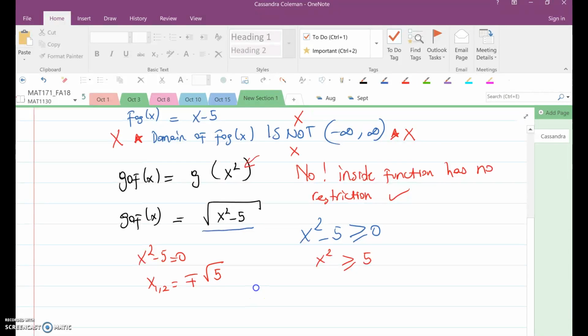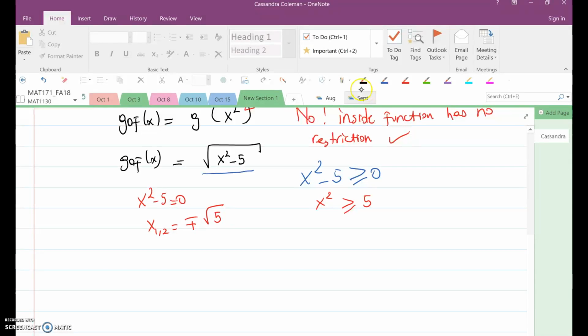All right. So you might want to think of this function as a quadratic function also. So it's a parabola upwards, and the roots are negative square root of 5 and positive square root of 5. And you want this parabola on the positive side.